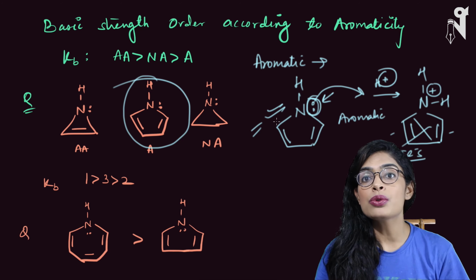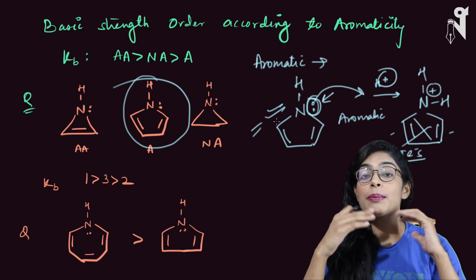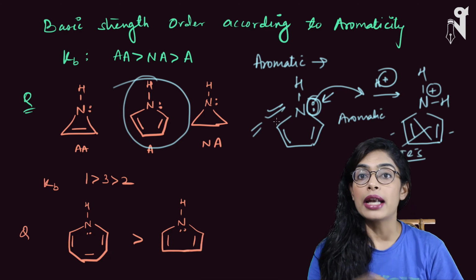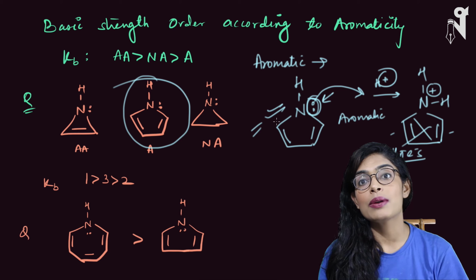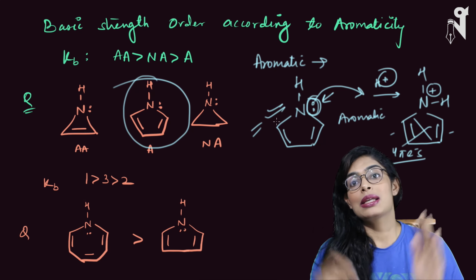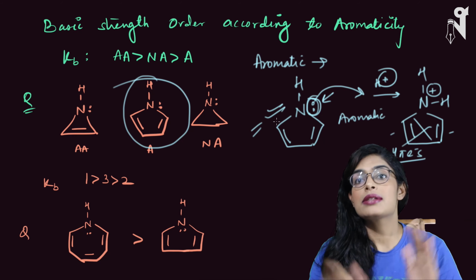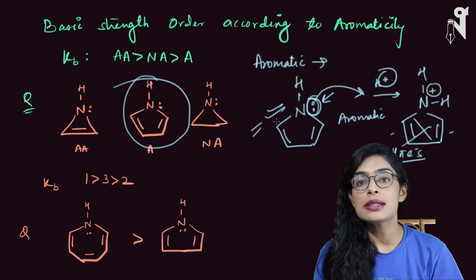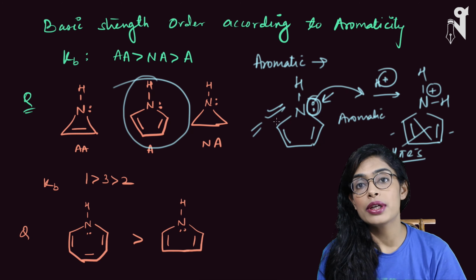Why will it not prefer to do so? Because if it behaves like a base by taking the H plus or giving its pair of electrons, in that case, the aromaticity of this molecule will be lost, and it will go from a very stable state to a relatively less stable state. So stability is moving towards instability, which is not the phenomenon of a reaction.